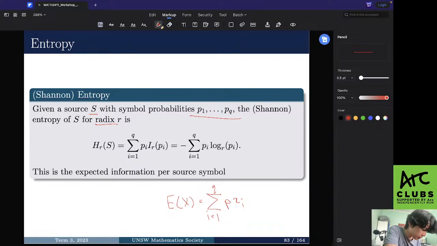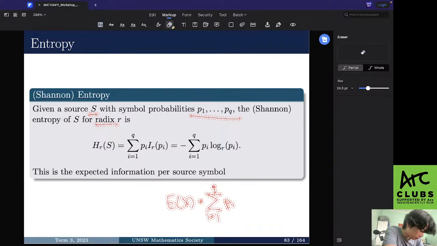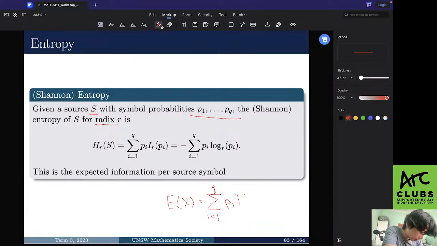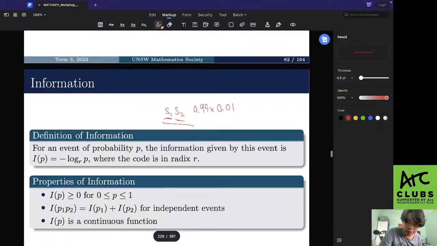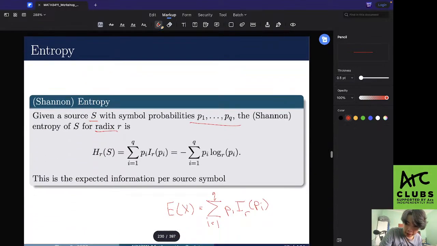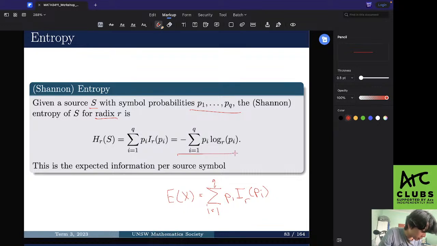And we're doing the same thing, except in this case, it's the probability and the value that we're expecting is information. So we replace this xi with information and we get I. It's base R, so we have R here, and then the probability. If we use the formula from before, we can just substitute it back in and we get this.